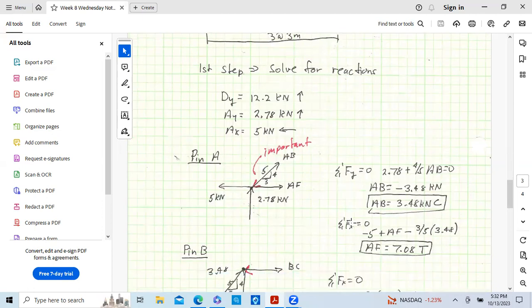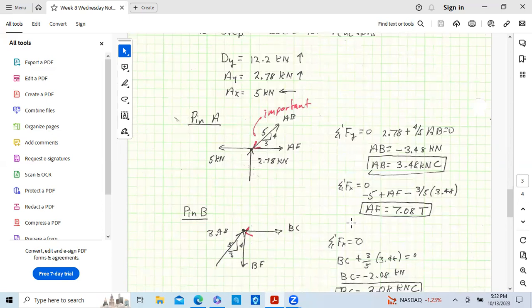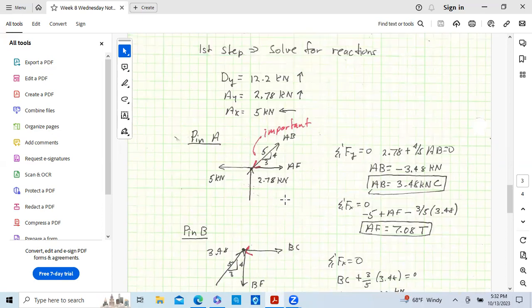And so as we draw this pin, the tendency is to look at this and say, oh, that's tension. So tension is always away from the joint. Compression is always into the joint. Tension is always away from the joint. Compression is always into the joint.